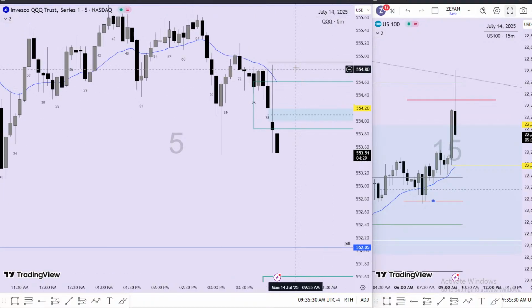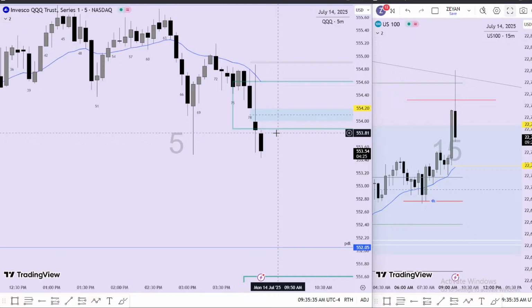The first bar was an outside down bar. Now we are getting the second bar of the 15 minutes. We have 10 minutes till the first 15 minutes is going to close.